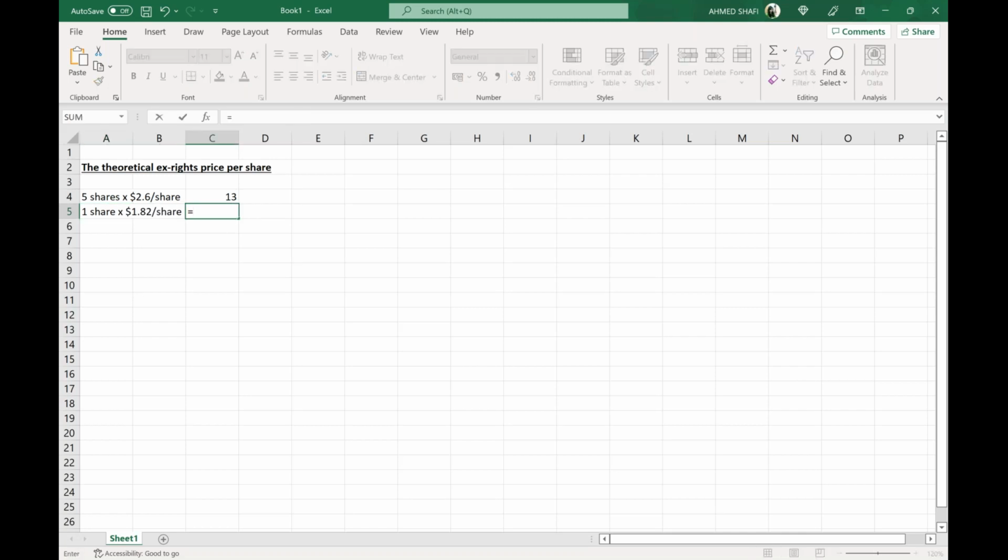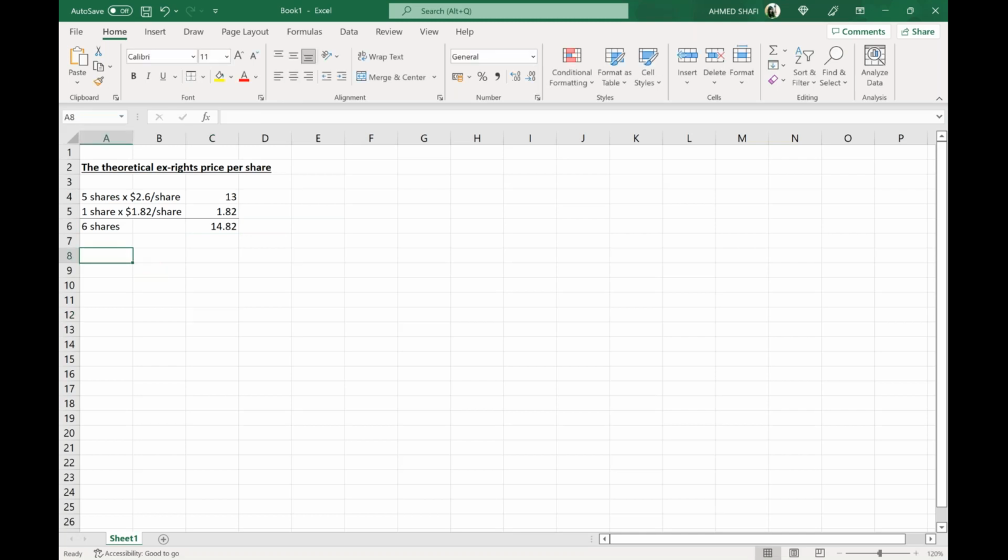So after the right issue, the company will have 6 shares and the worth of these 6 shares will be a total of 14.82.